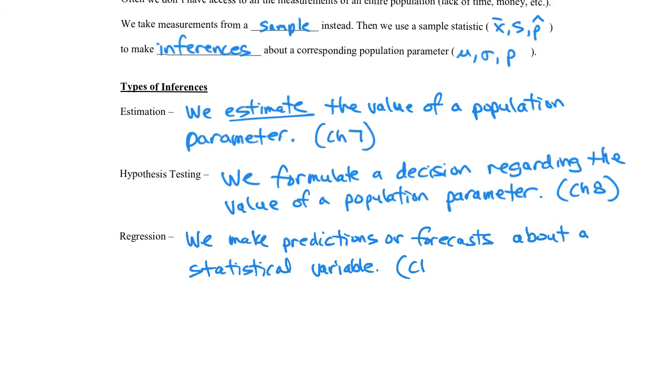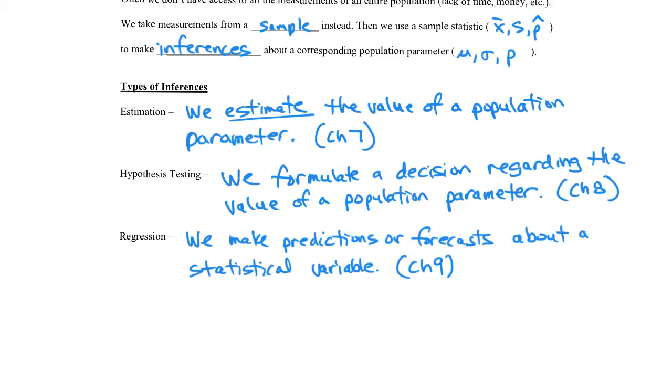And we do this in chapter, can you see the pattern? 7, 8, 9, Chapter 9. So this will be familiar to some of you if you've done linear regression. Sometimes linear regression is taught in algebra class. So for some of you it'll be a repeat, but we definitely are going to go into more details than you would have in an algebra class, but it'll be somewhat familiar to some of you.